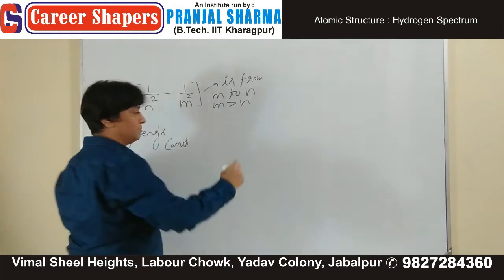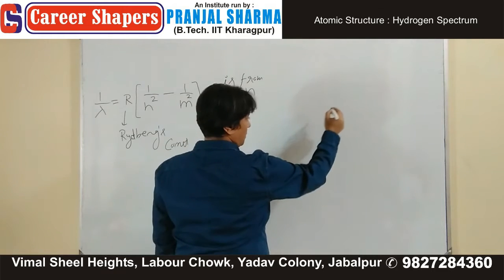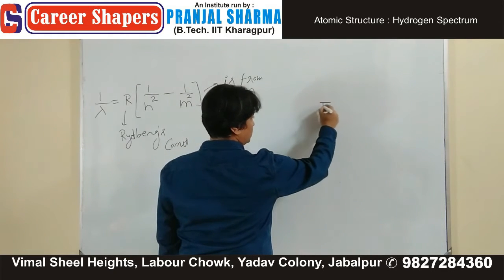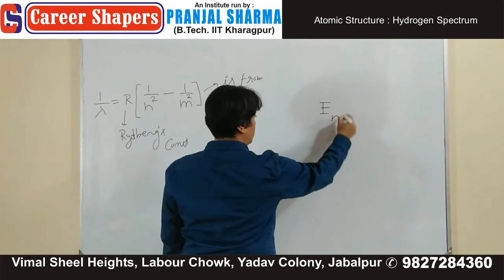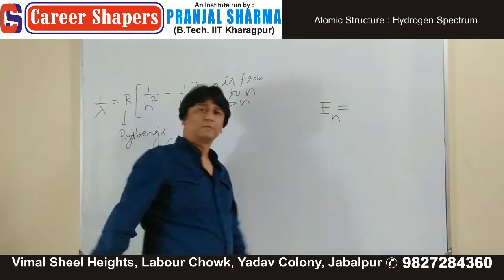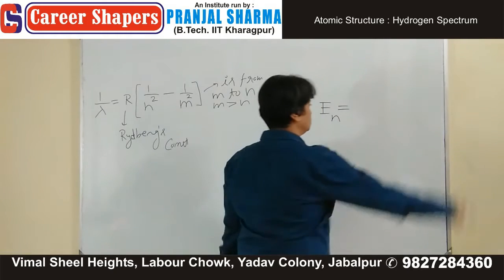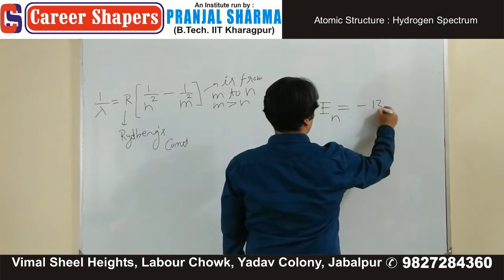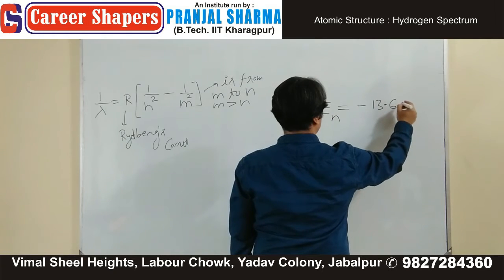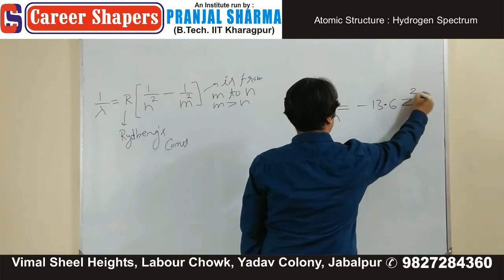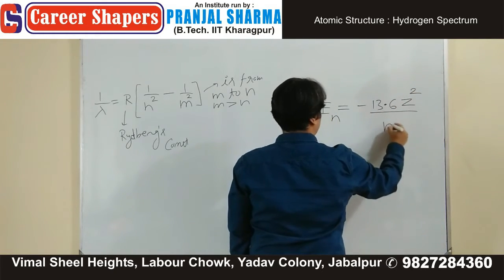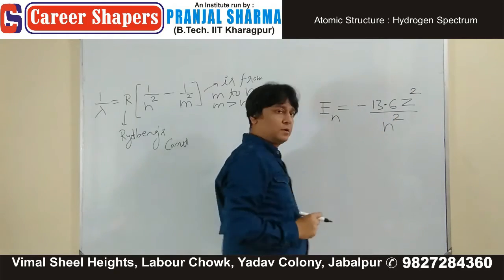Look here. Just see your notes and find out En. It was minus 13.6 Z square upon n square.